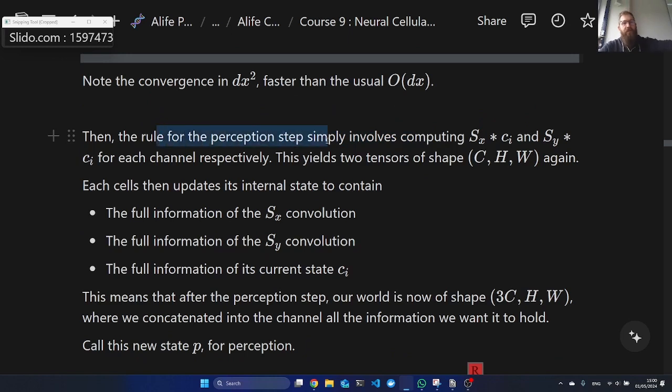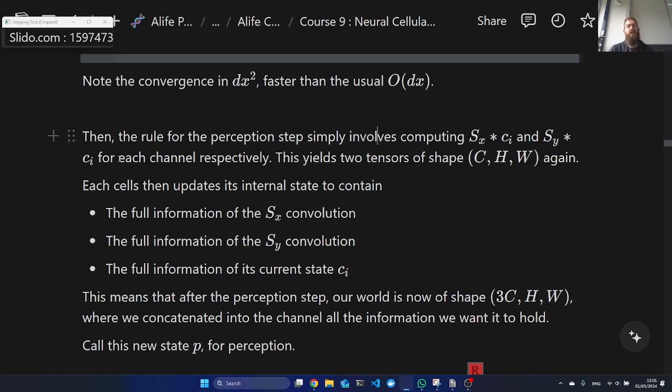So the rule for the perception step is combining the perception from the two Sobel filters. We first compute the transform with the Sobel filter X, then the transform with the Sobel filter Y, and we do this for each channel separately. It will essentially compute the partial derivatives for all the channels of the image.